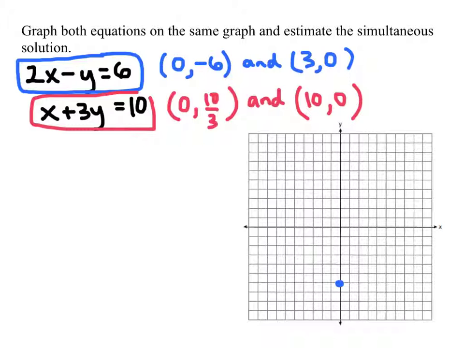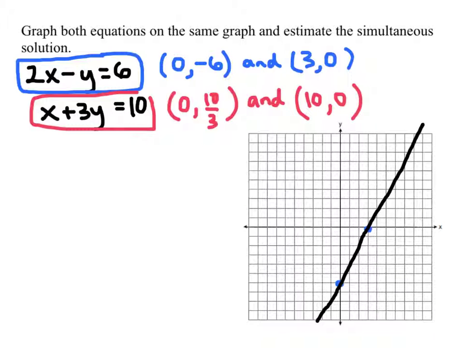And 3 comma 0 will start at the origin and we actually count 3 units to the right. So our ordered pair should be about right here. So if we connect these intercepts with a straight line, we will have our linear equation 2x minus y equals 6 graphed.